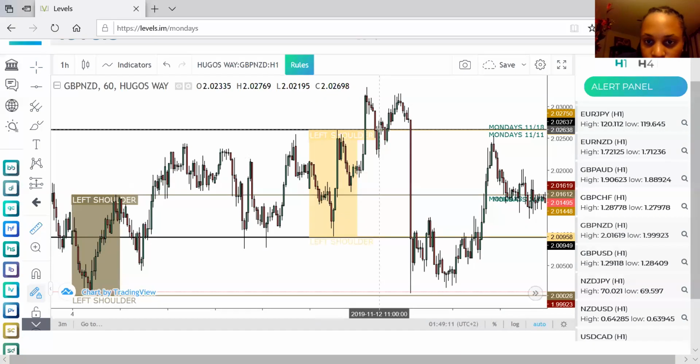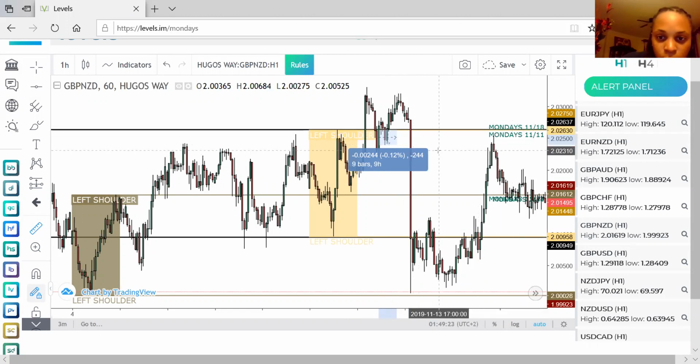So we would have done a sell limit here, and the market just about did 24 pips, 24.4 pips. It was really close to 25, less than a pip. You see, Shanice? You see why we want to do 50 pips for everything?